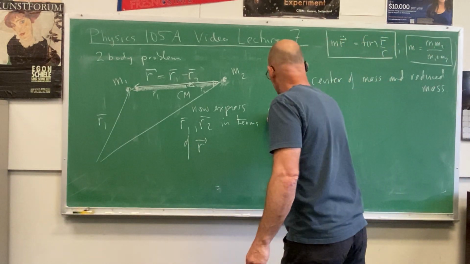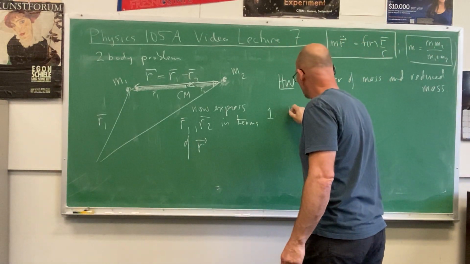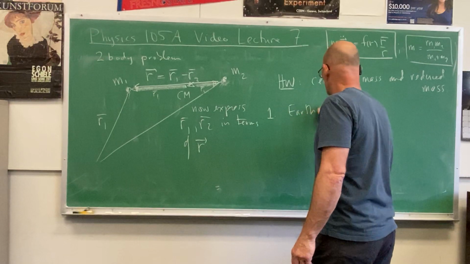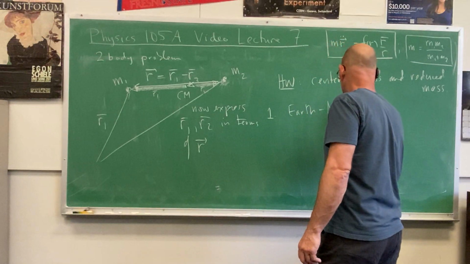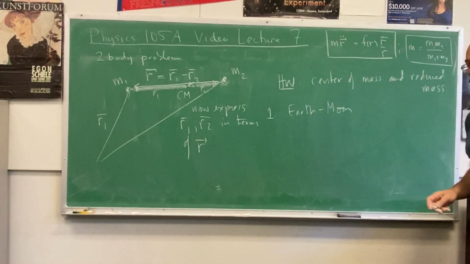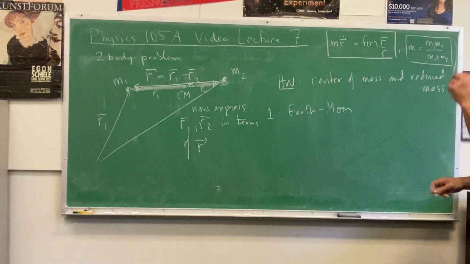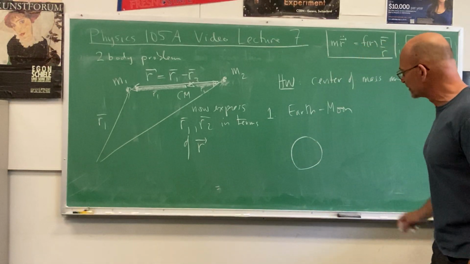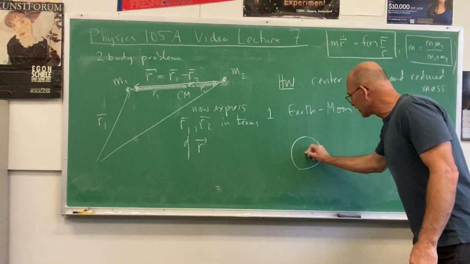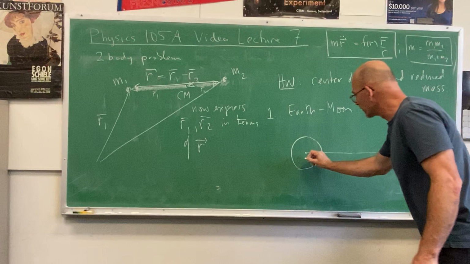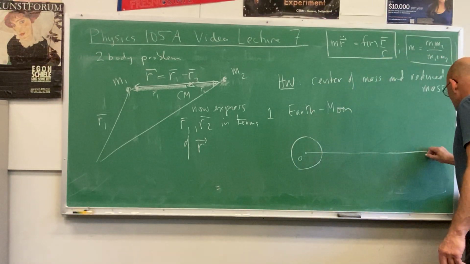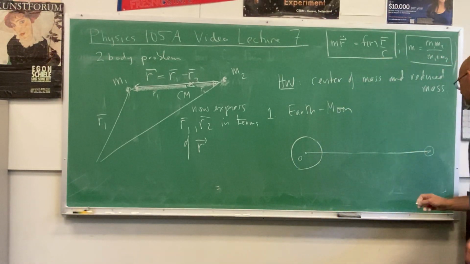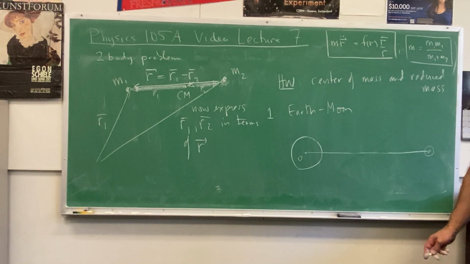The first example is the Earth-Moon system. Our Earth, our Moon. So what I want you to do is, you're going to look up some numbers for this, okay? Put the origin in the center of the Earth, Moon's out here, okay? Distance from the center of the Earth to the center of the Moon. You look that up, you'll find it's approximately 60 Earth radii.